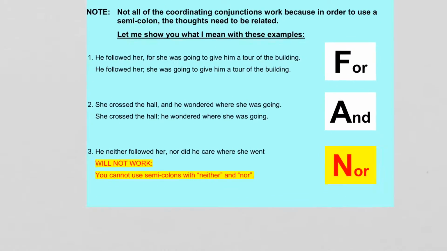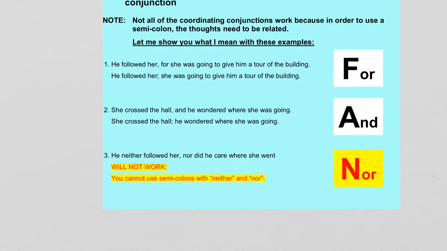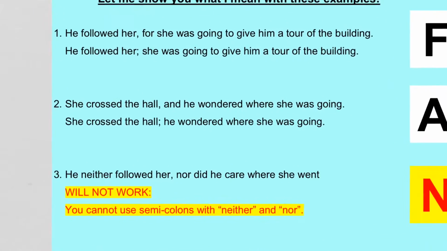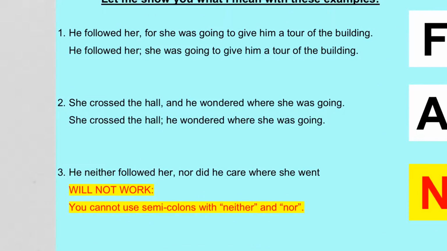So if we look at an example with this conjunction for, I'll start off with having that comma and that conjunction. He followed her, comma, for she was going to give him a tour of the building.